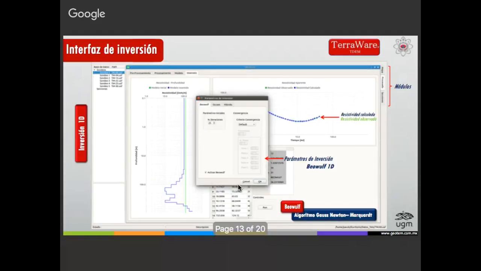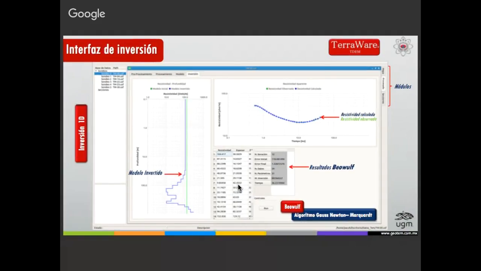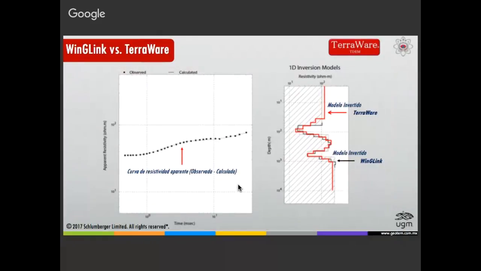In Occam, we can only invert the resistivity. This is an example from a commercial software versus our software, TerraWare, and we can see here the inverted model from this sounding.